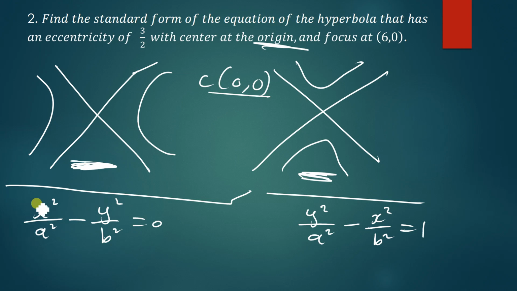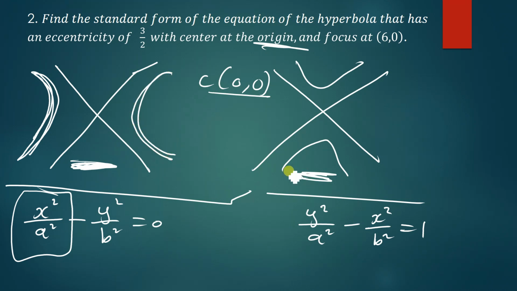If the x term is the one that is positive, you expect the curves to be along the x axis. And if y is the one that is positive, then you expect the orientation to be like this.